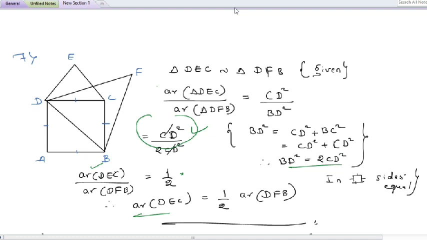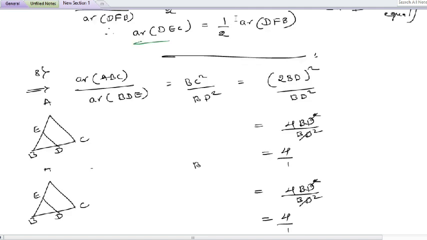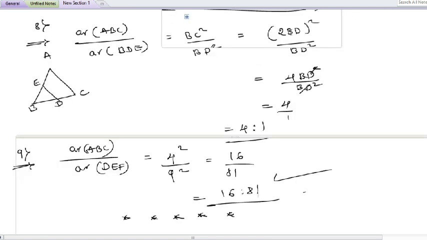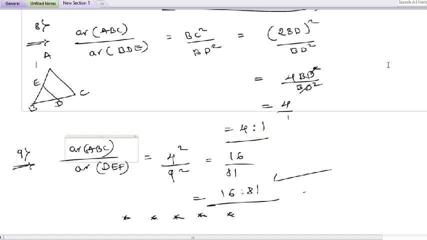Now, problem number 8. Choose the correct answer and justify is asked.